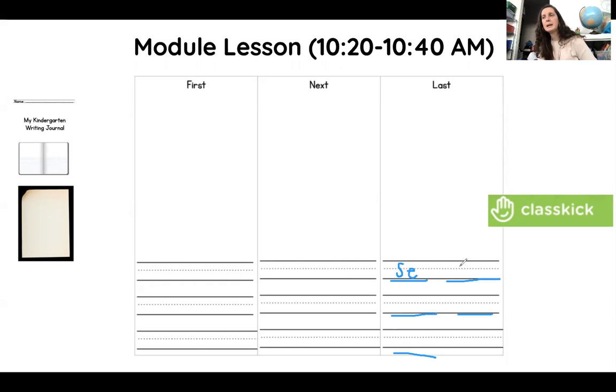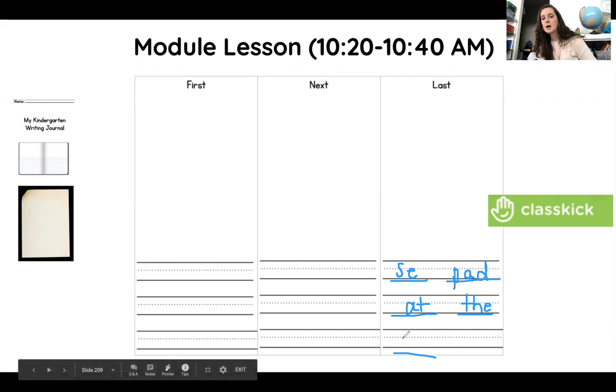She played. She played at the park. Park.